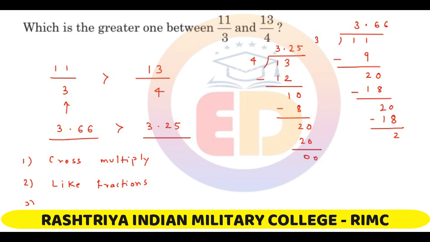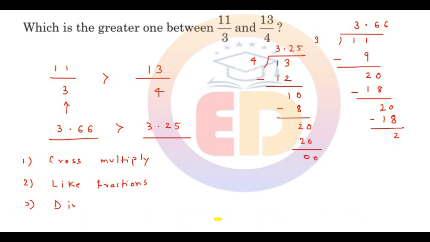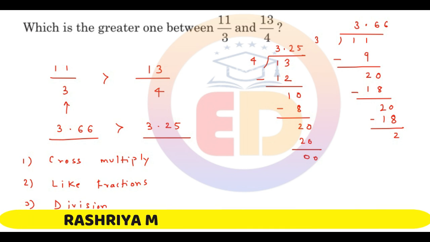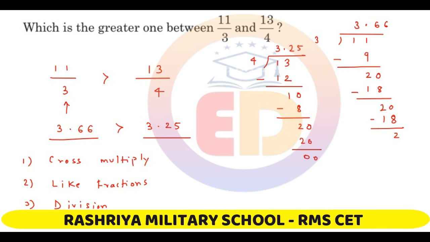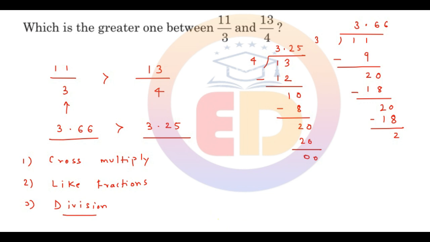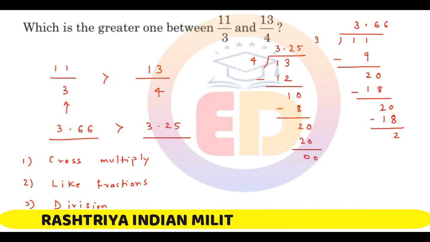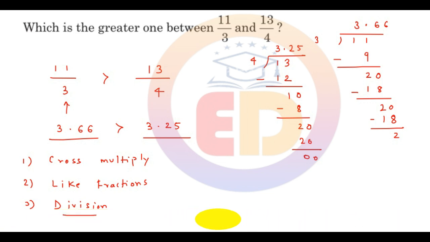And the third method will be division, by dividing them, finding out their values and then comparing them. You can use any of the 3 methods. As we proceed, we will discuss which method we should use in what type of questions. Answer here is 11 upon 3 is greater.